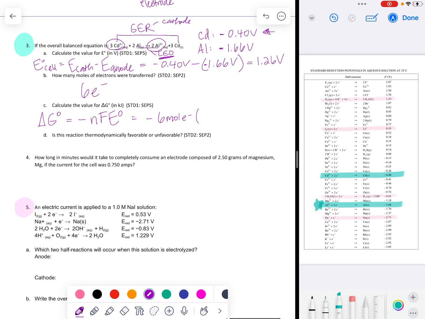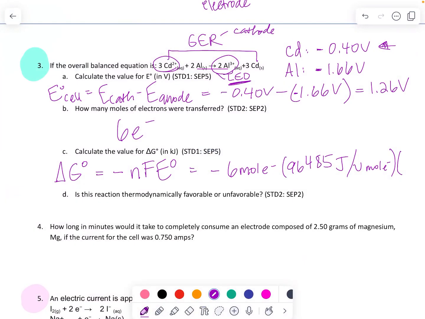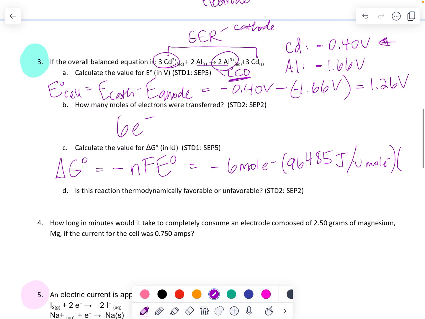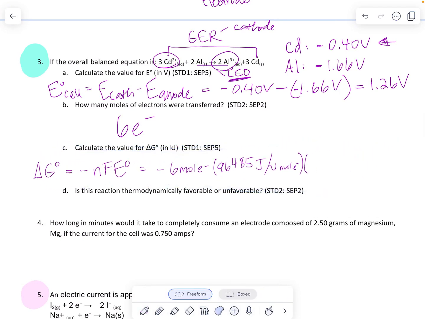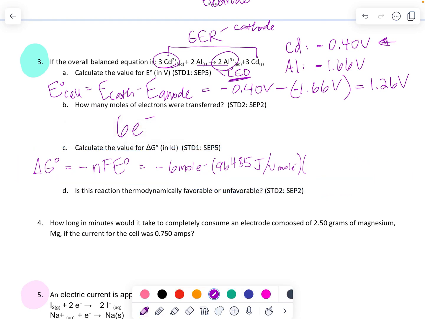And then we have Faraday's constant, 96,485 joules per volt moles of electrons. And then I'm going to get rid of this because we don't need that anymore. And then the last term is the E cell, which we already got in our part A, so 1.26 volts.